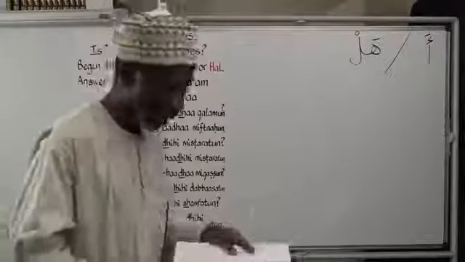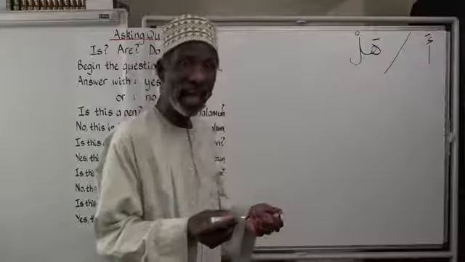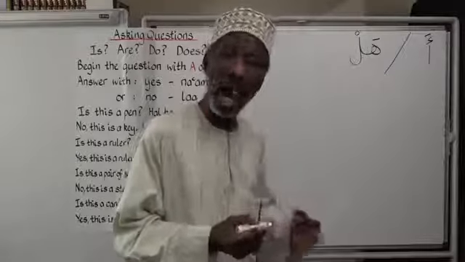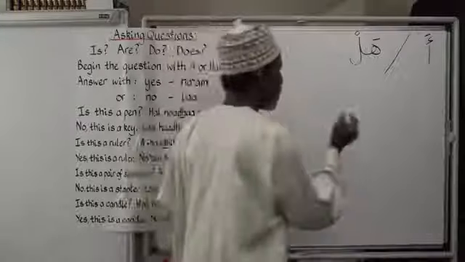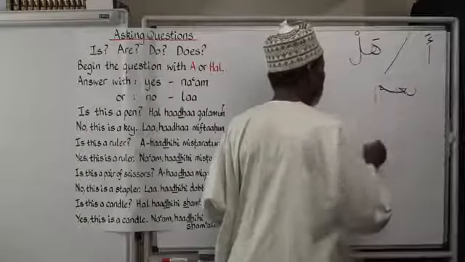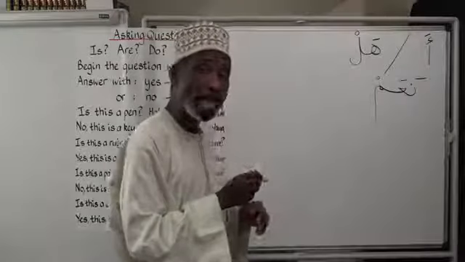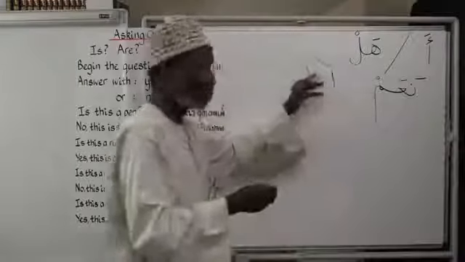Let's write that down actually. So let's learn how to say yes and how to say no in Arabic. Yes is na'am, no is la. So you write your lam with alif.